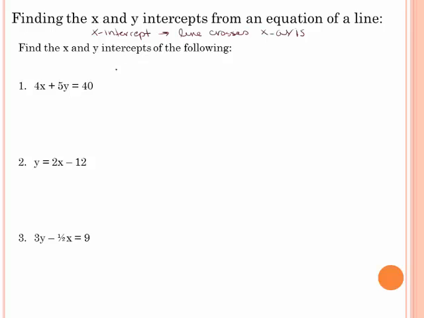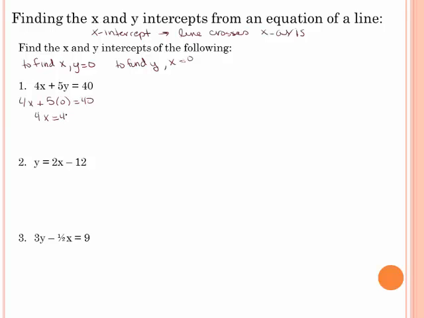Now, finding the x and y intercepts is a matter of, if we want to know the x-intercept, we plug in 0 for y. So to find x, y will have to equal 0. And then to find y, x has to equal 0. So in this instance, when we're trying to find our x-intercept, we do 4x plus 5 times 0 is equal to 40.